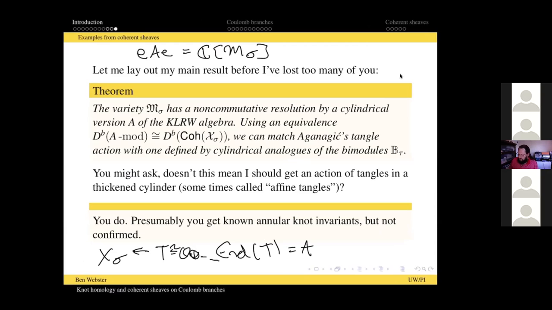Okay, so using this equivalence, we can interpret the construction of Aganagic's knot homology. Aganagic says, take coherent sheaves on these varieties and apply these functors to them, which I don't find extremely illuminating. It was interesting to see them, because I saw them and thought, oh, I know on the other side what those are going to be.